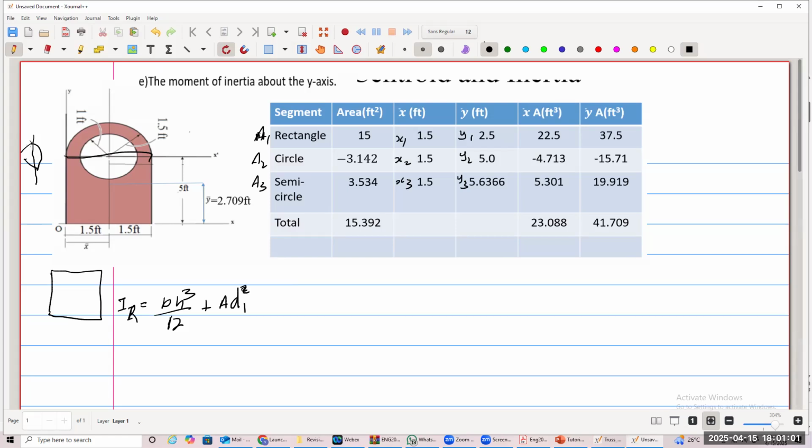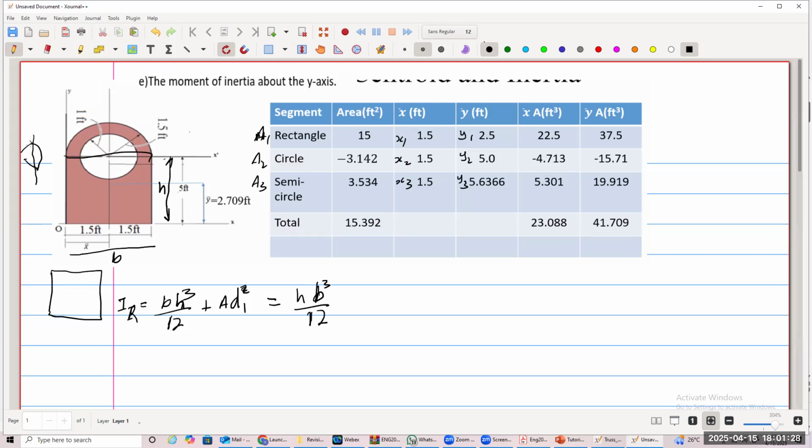Now remember, these things are going to switch around. If this was your b down here and this was your h, for argument's sake, and you use it that way, your h is going to become your b, and your b becomes your h. So it is going to be h times b cubed upon 12.